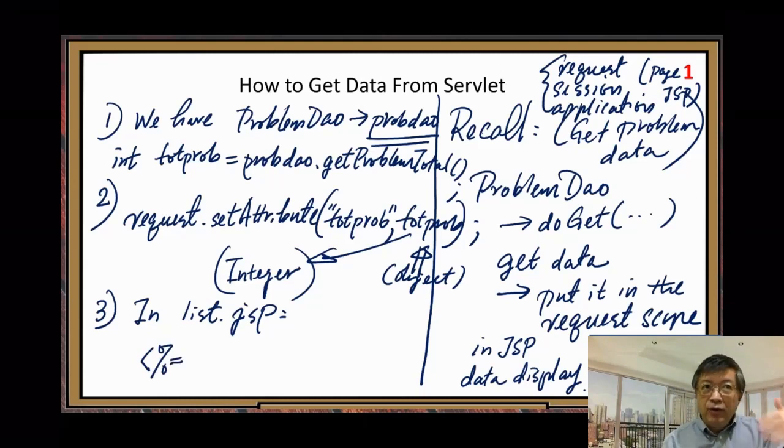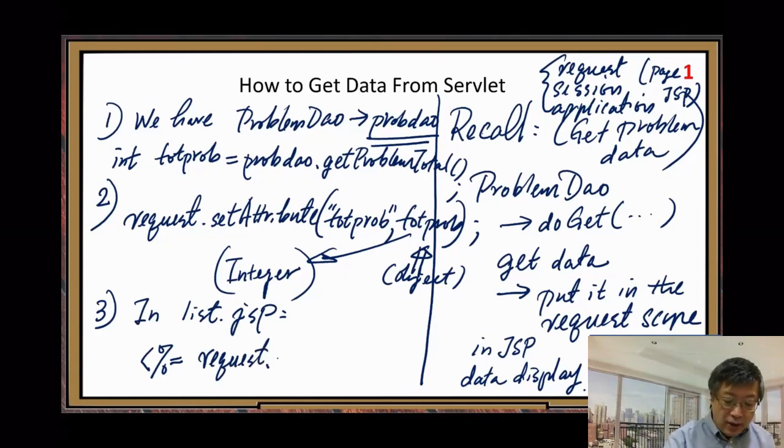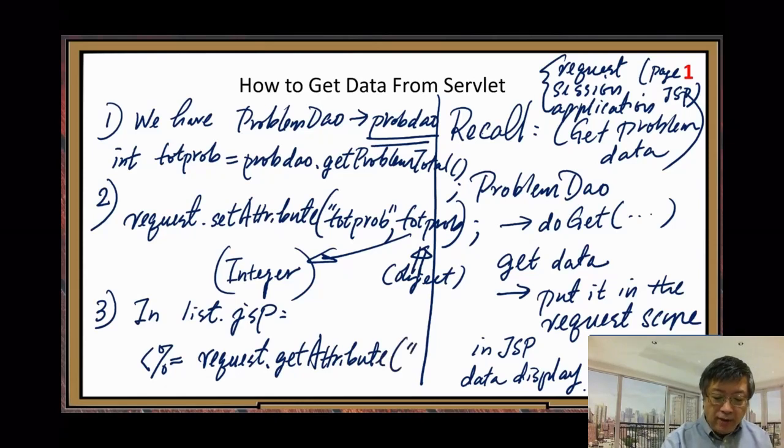To get data from the request scope, we use the request implicit object, getAttribute, then the name of the attribute, totalProb, and close it.